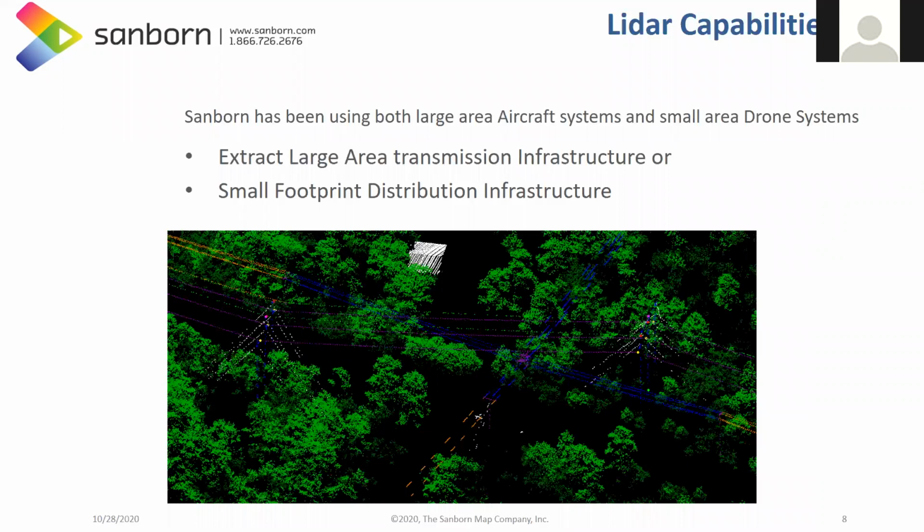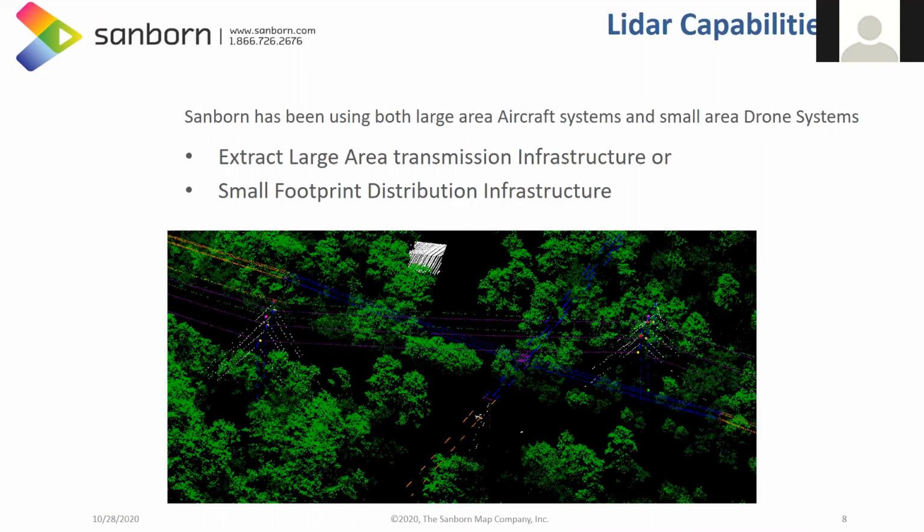Now, with regard to the LiDAR capabilities, we have been using both the large area aircraft system as well as small area drone systems. The presentation is primarily on the UAS-based drone systems, which I will cover in the subsequent slides.